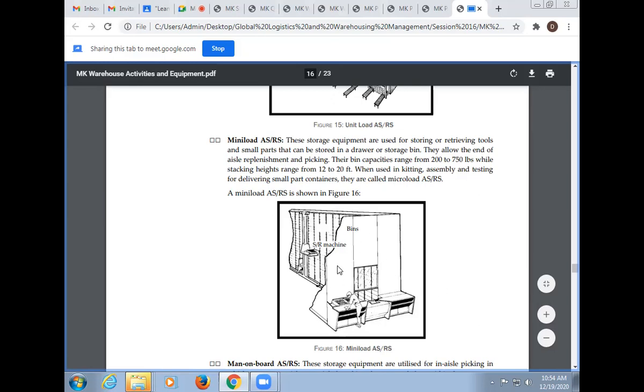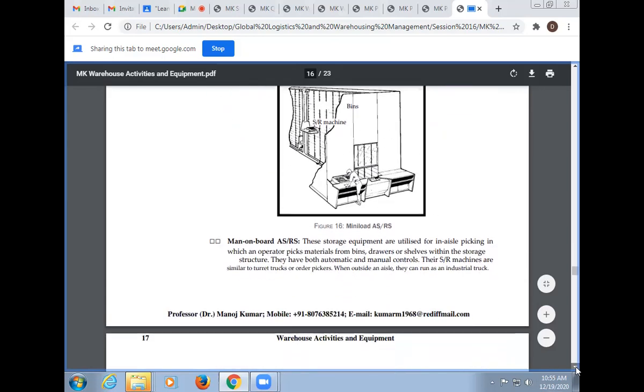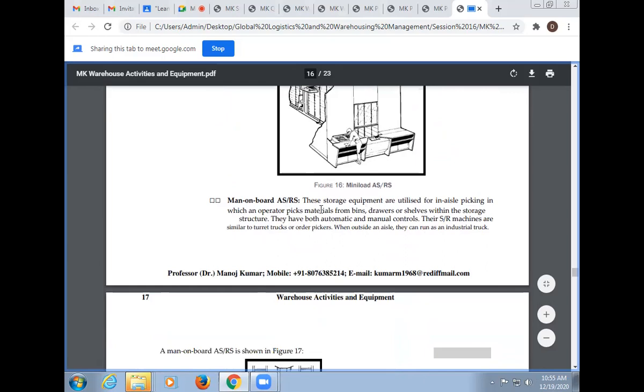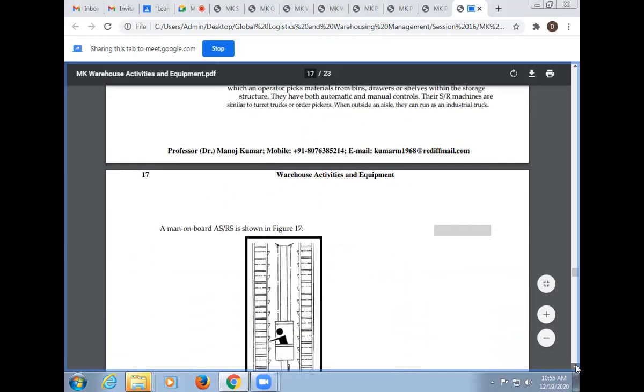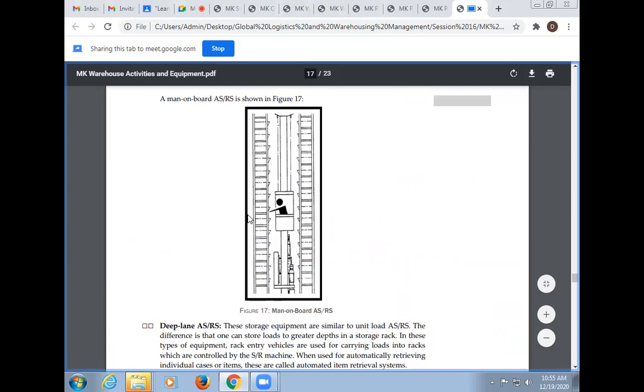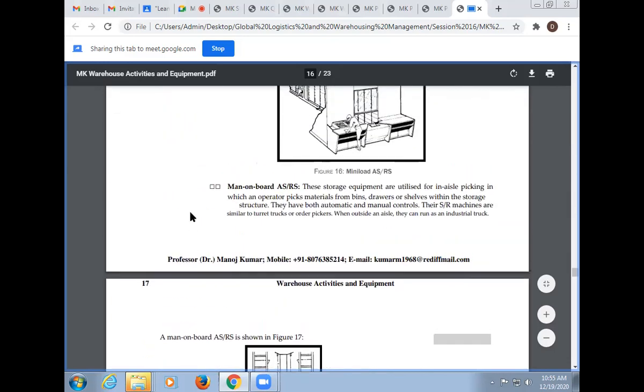And this is the miniload ASRS system. These are the figures of the miniload ASRS system. These types of systems are generally used in warehouses in the United Kingdom, the USA, and Europe.